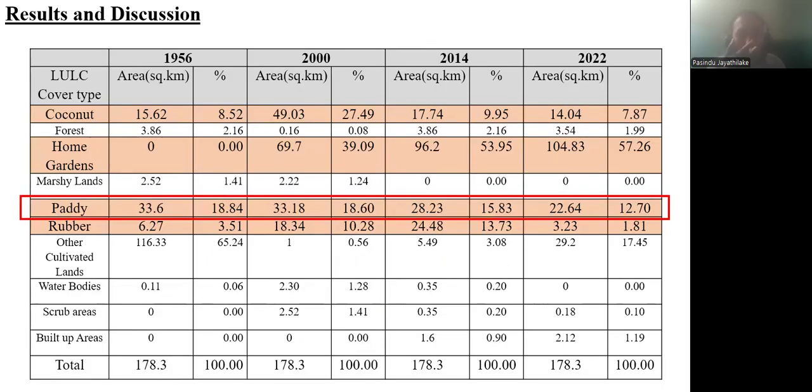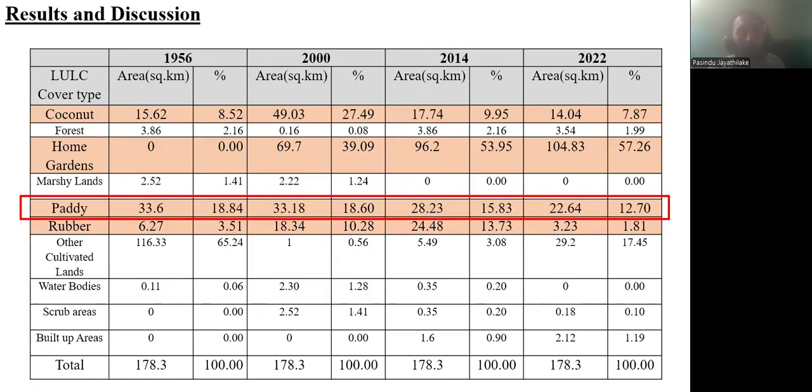Considering the specific cultivation types, paddy cultivation, which is the key staple food of the country, has decreased specifically in the Dompe Divisional Secretariat Division, which could be identified as one of the peri-urban agriculture centers in the country. For example, there were 33.6 square kilometers of paddy land in 1956, and that decreased to 33.18 square kilometers by 2000.